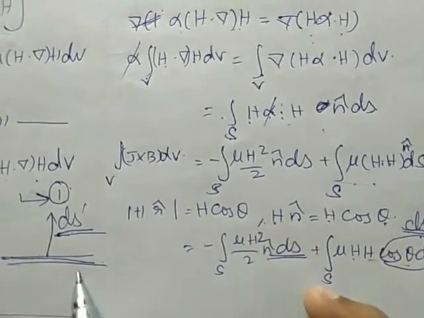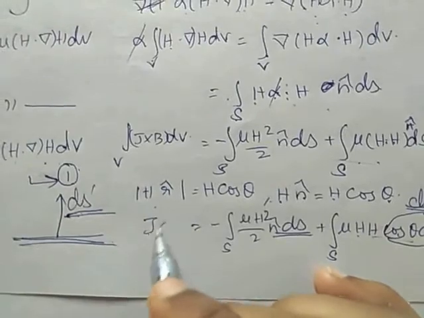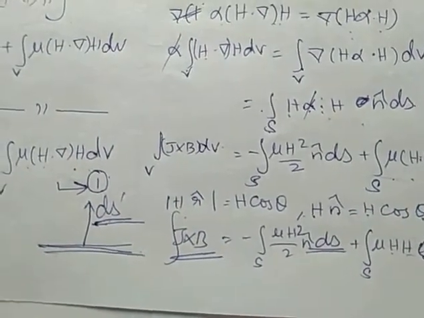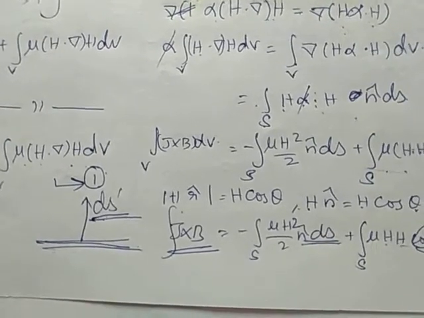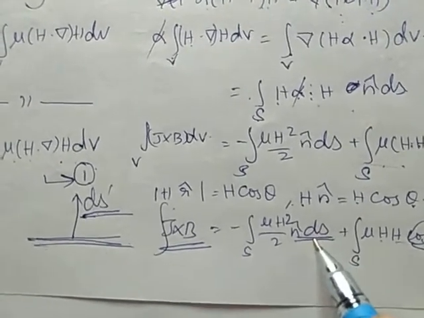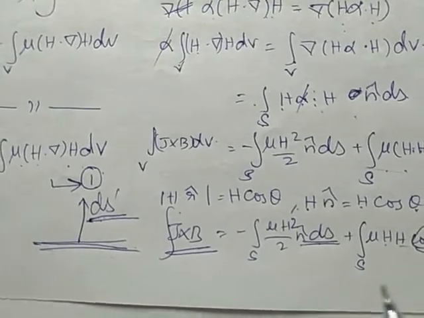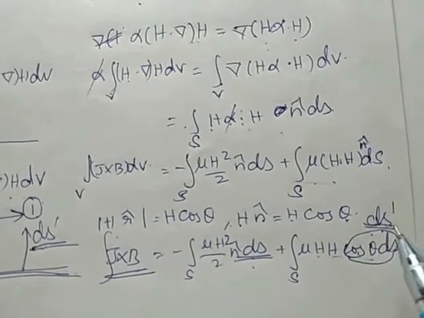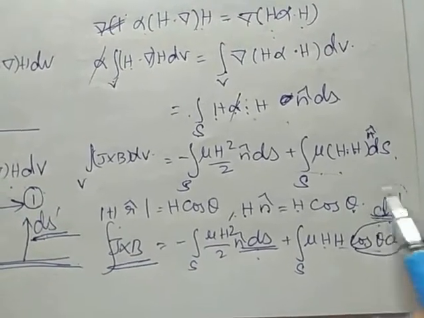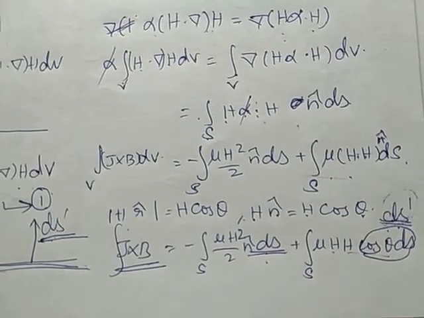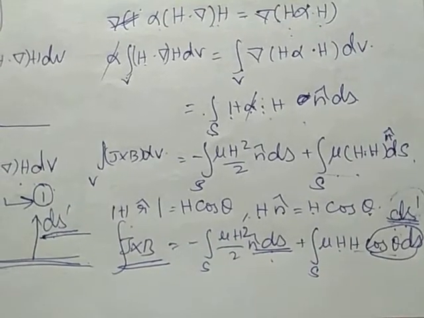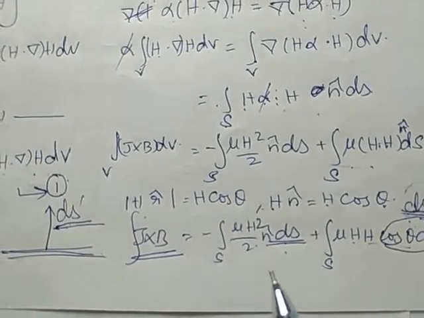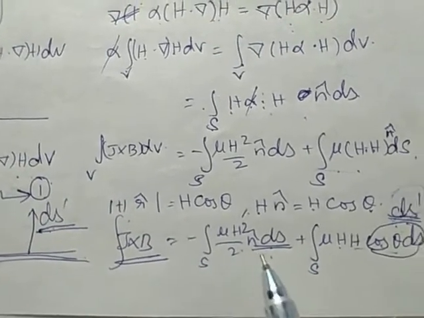Therefore, Lorentz force, that is J cross B, is equal to the sum of two surface forces, one in the direction along the magnetic field lines, and the other in the direction normal to the magnetic field line.